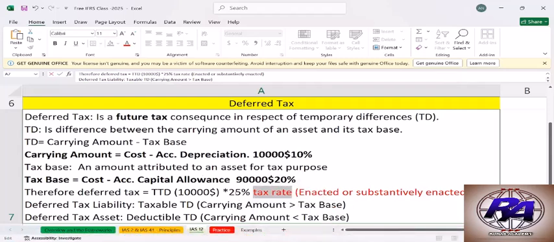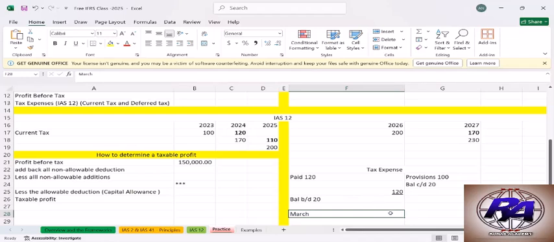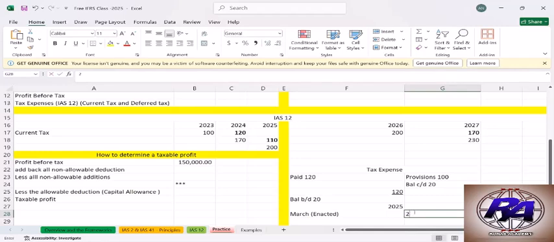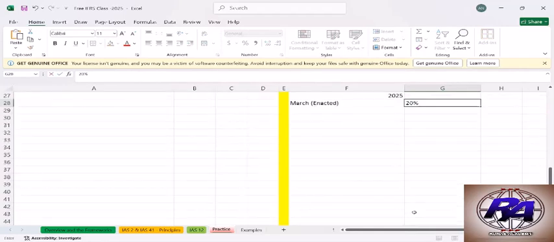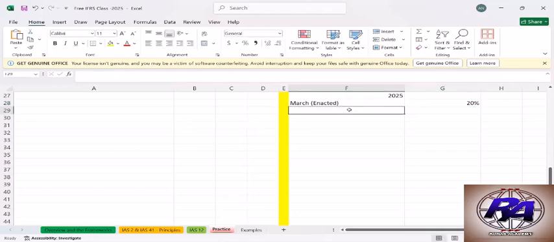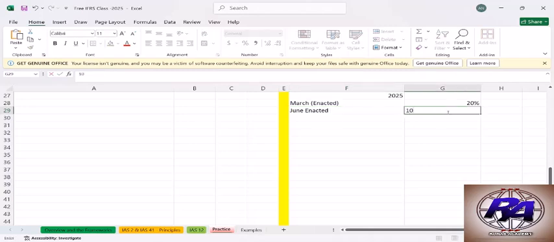So let's assume this is 2025. By March, they enacted a tax to be 20%. Then in June, they also enacted one to be 10%.